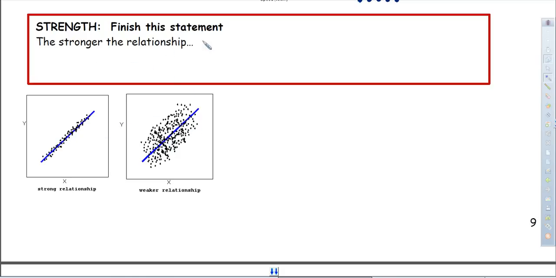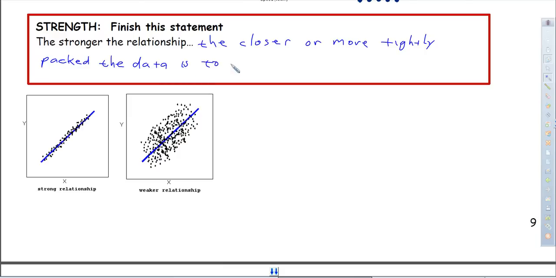The stronger the relationship, we can say the closer, or more tightly packed, the data is to the line or curve, because we will look at curves too.